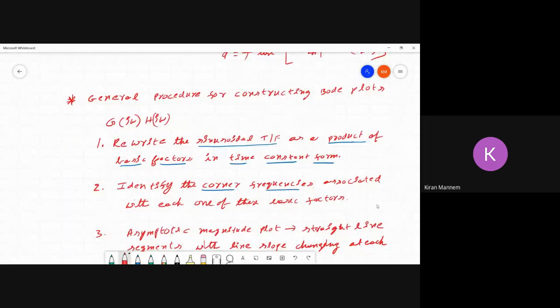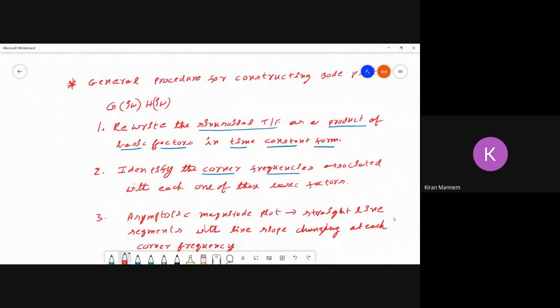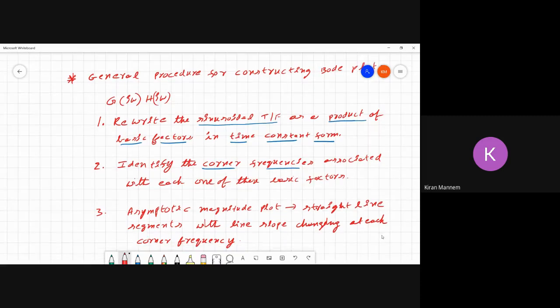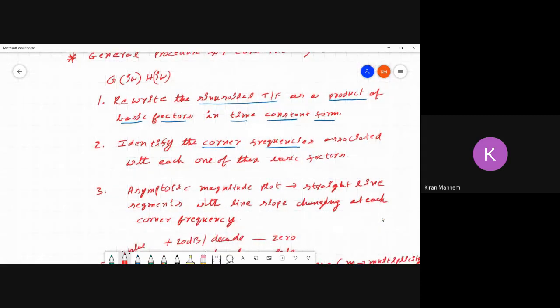So this is the general procedure for constructing a Bode plot. First step, rewrite the sinusoidal transfer function as a product of basic factors in time constant form. Then identify the corner frequencies associated with each of these basic factors.